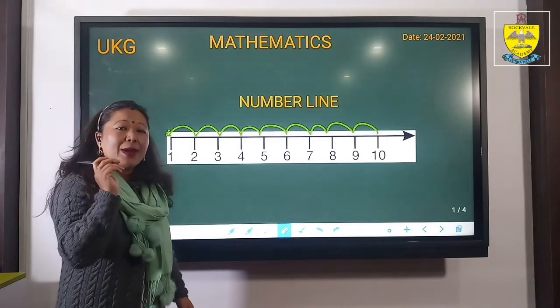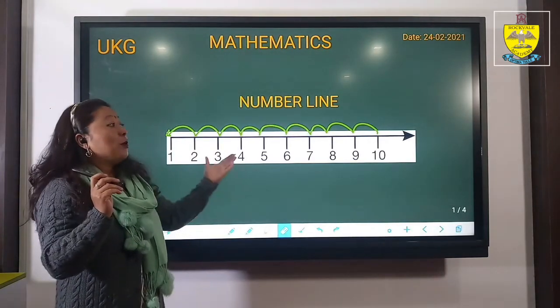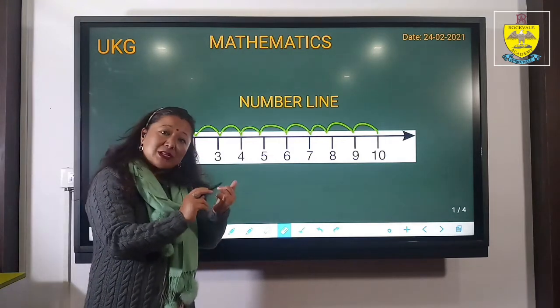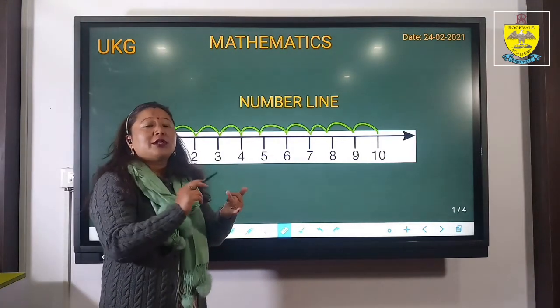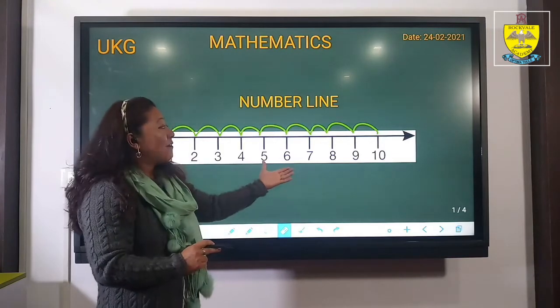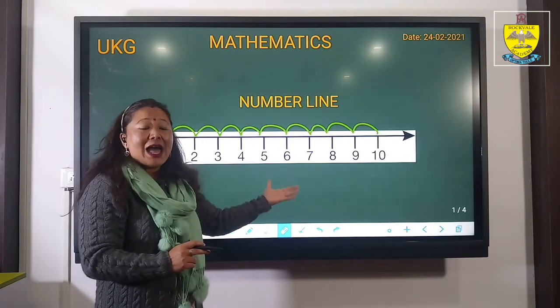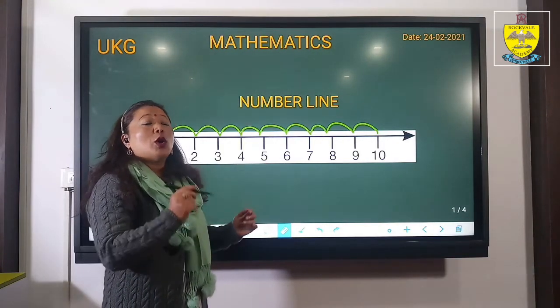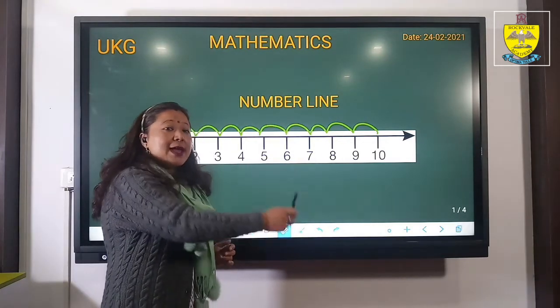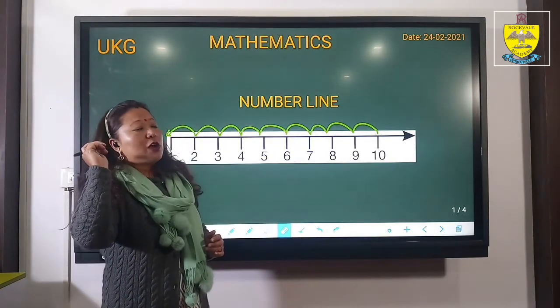This is backwards counting. Before we do what comes before and what comes after, you have to know the number line and you also have to know what is forward counting and what is backwards counting.